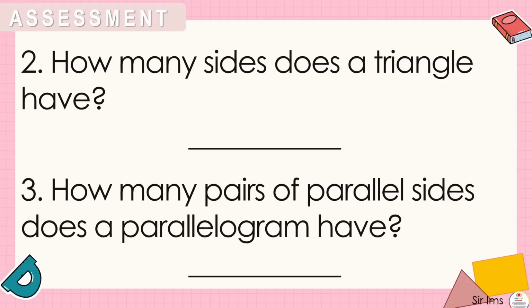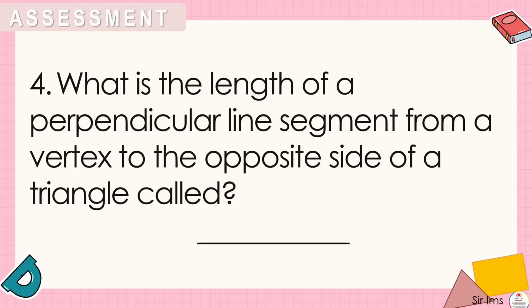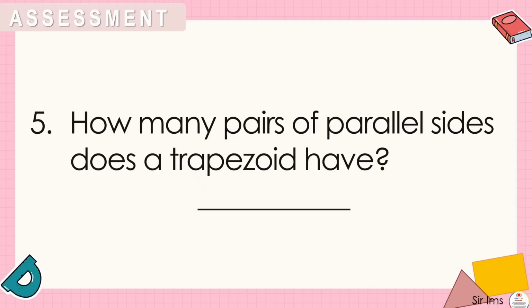Number 3, how many pairs of parallel sides does a parallelogram have? Number 4, what is the length of a perpendicular line segment from a vertex to the opposite side of a triangle called? And number 5, how many pairs of parallel sides does a trapezoid have?